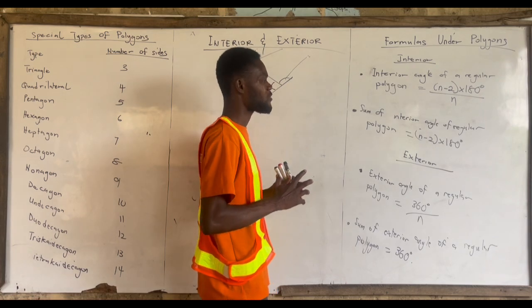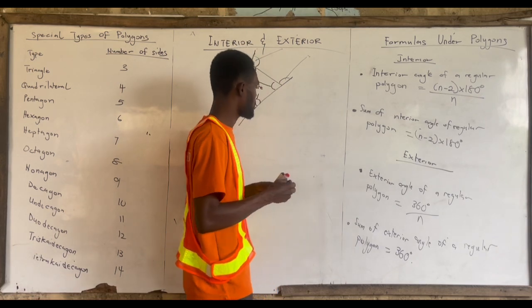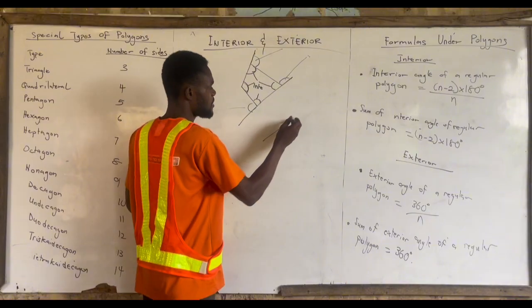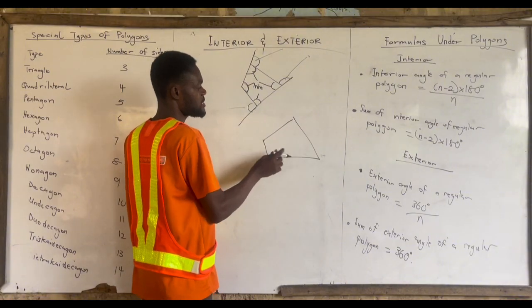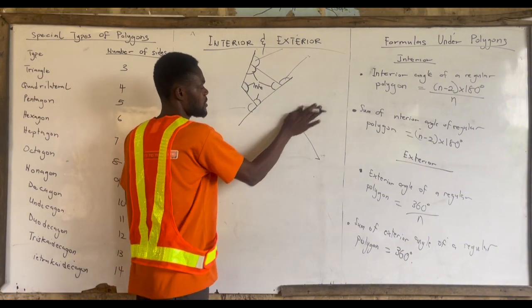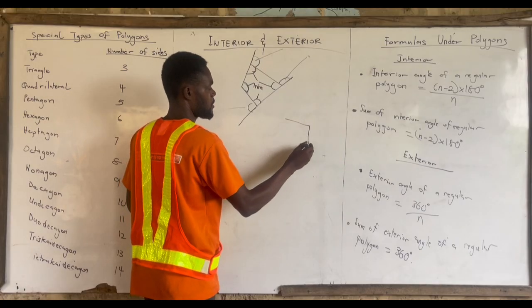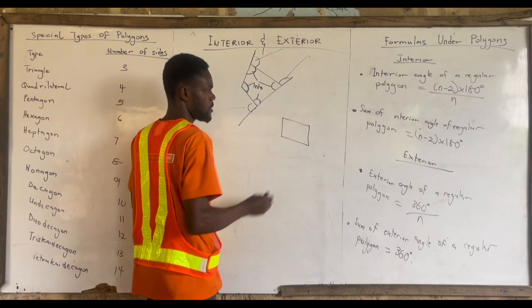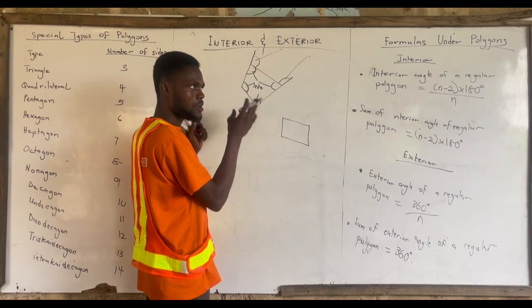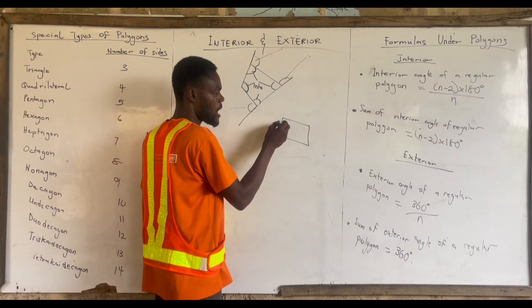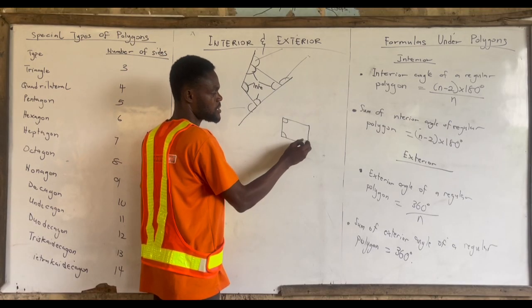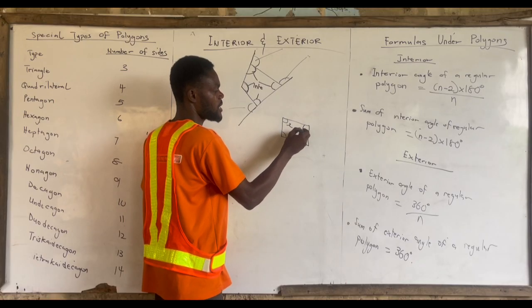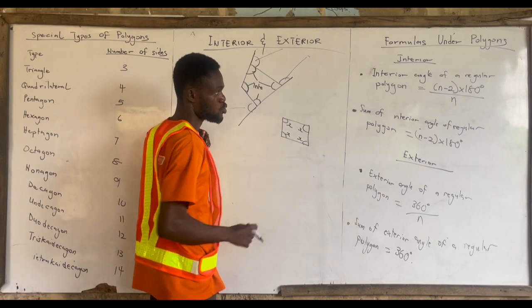If you want to find the sum of the interior angles, for example, let me draw it again. For example, a square. Since it's a regular polygon, their angles are the same. So if here is x, here will be x, here will be x, here will be also x.